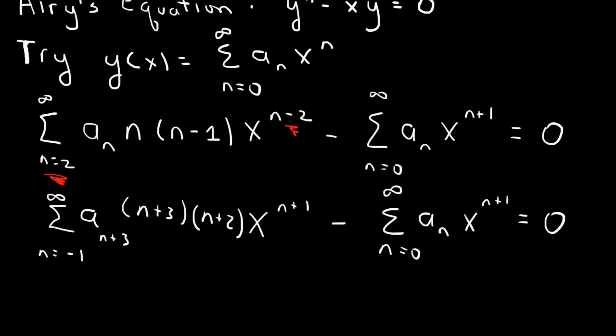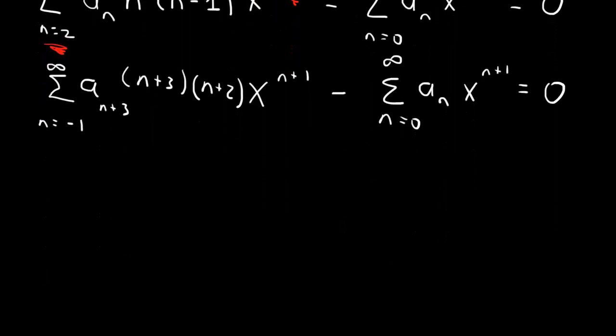Okay. So now we're in a position of combining these two power series. The one complication we have is that this starts at n equals minus 1, and this starts at n equals 0. So this one has an x to the 0, a constant term, but this one starts with x. So we can pull out the n equals minus 1 term. That becomes a sub 2, and n equals minus 1 will be 2 times 1, so 2a sub 2, right?